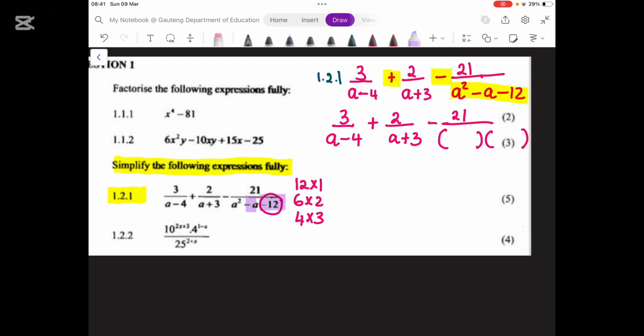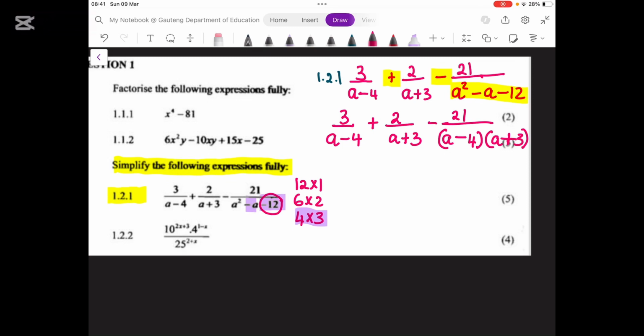Now it will be 4 minus 3, because 4 minus 3 is 1. So we are going to have a, and then we have 4 and 3. Now the signs are different since 12 is negative. The middle term will correspond with the bigger number. 4 is bigger than 3, so it will be minus here since the middle term is negative, and then it will be plus there.